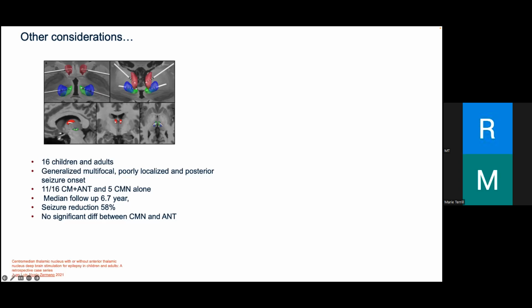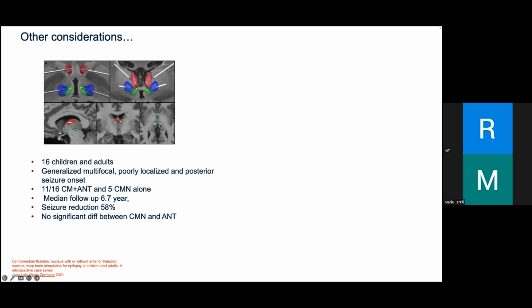You can see the median follow-up was roughly 6 years, and they showed a median seizure reduction, again, close to 50 to 60% after DBS implantation. Overall, there did not seem to be a significant difference between either of the groups in reducing seizure frequency or severity in these heterogeneous patients.